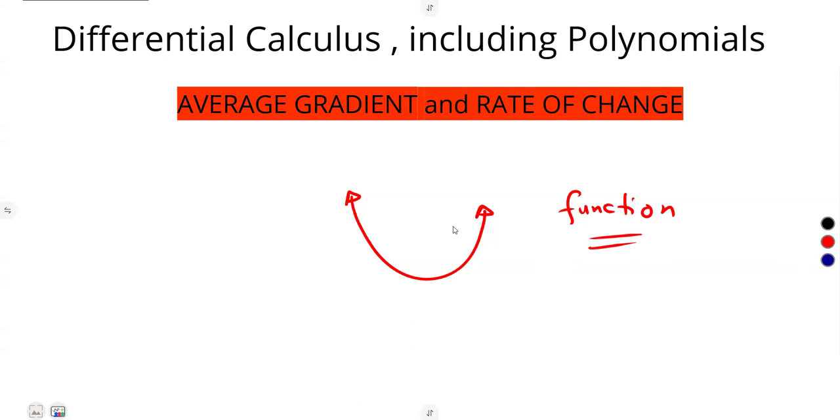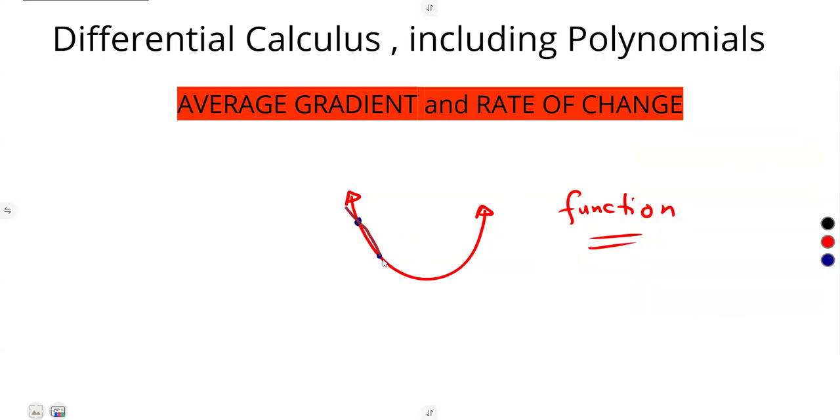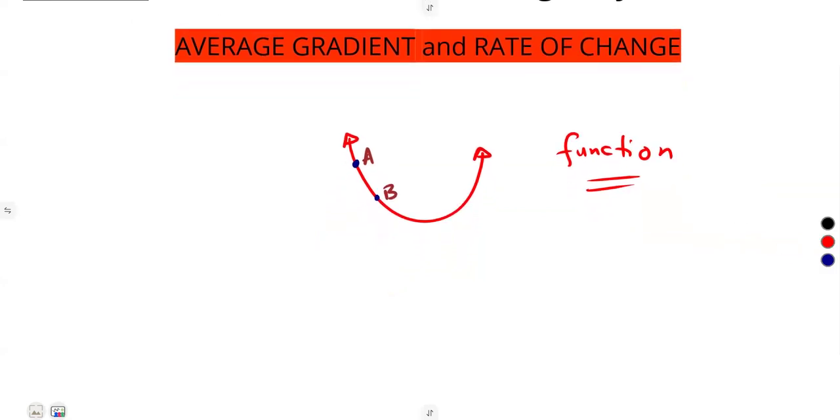From the given function, you are going to realize that the average gradient can be obtained when given 2 points. It is the average gradient taken between two given points. Let's say I've got point A and point B. These two can be used to determine what we are referring to as the average gradient.